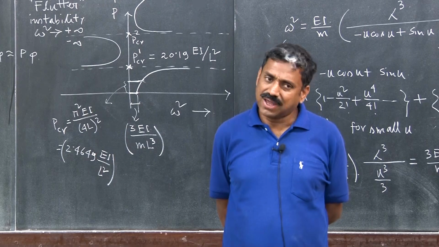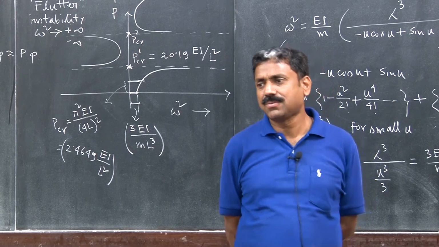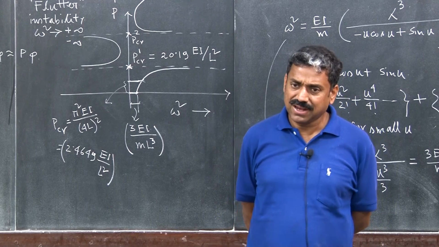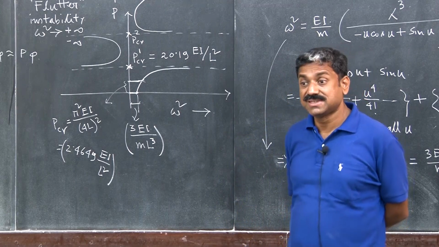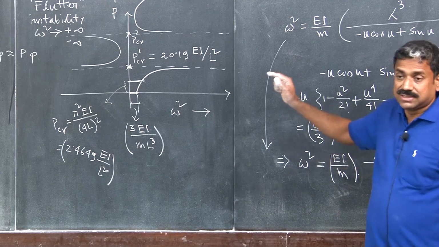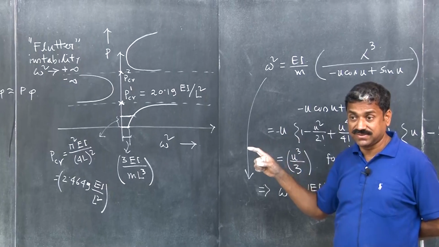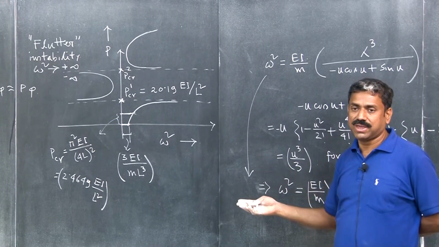So divergence is nothing but the manifestation of buckling, in dynamic terms. Clear? Whereas in flutter, the frequency is never going to be 0, rather it is going from plus infinity to minus infinity. There are other things, okay.